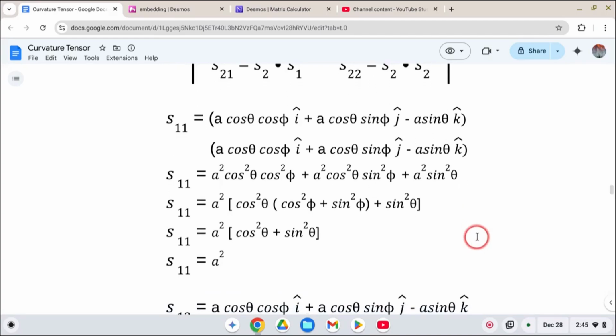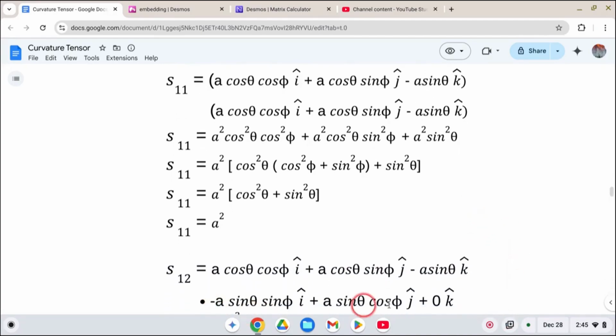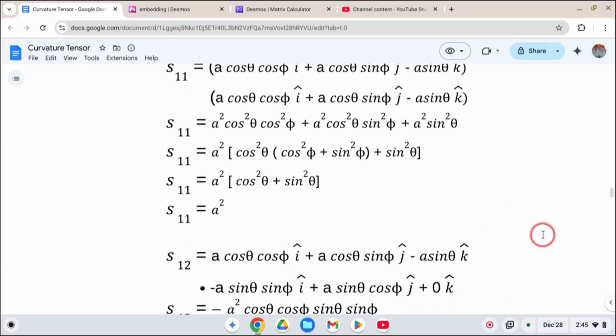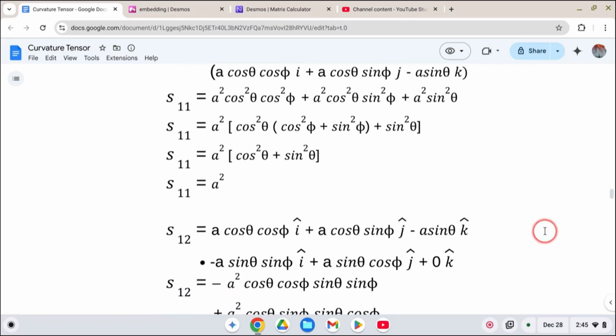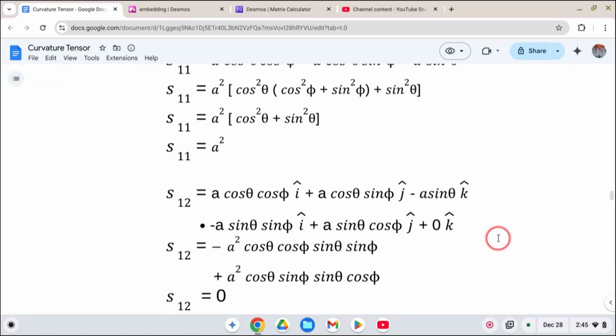All right, now let's do a cross term. We take this one and dot it with this one, the same thing. It's only the i's and the j's and the k's that go together. We get negative a cosine theta, cosine phi, and so on. These are identical, every piece is in here, so it's just 0.